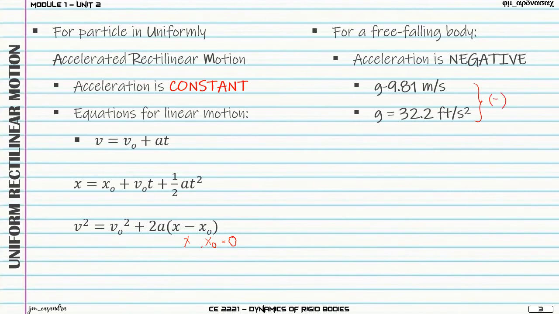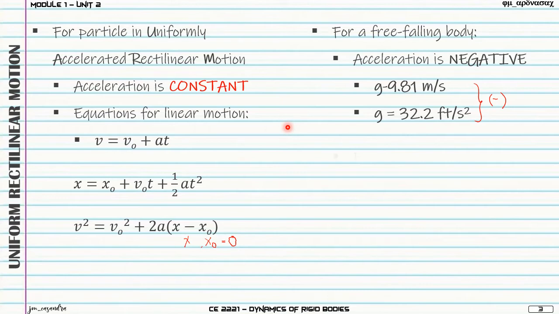So the equations of a free falling body are the same as these equations. The only difference is that your acceleration becomes g and your displacements become y.